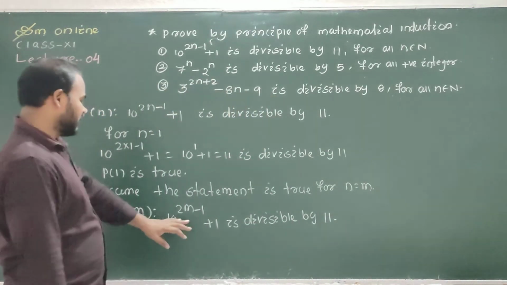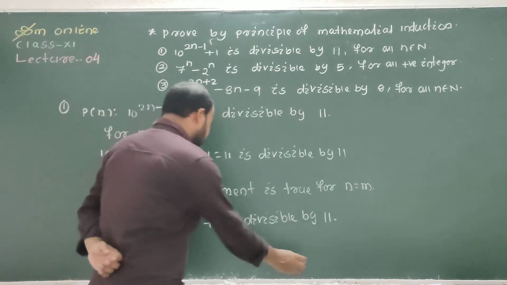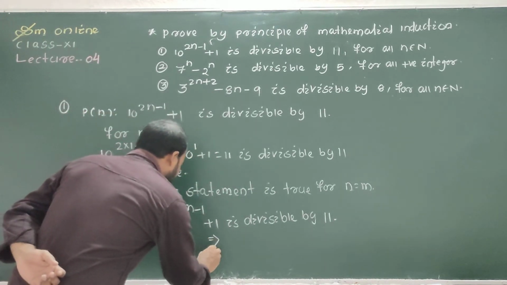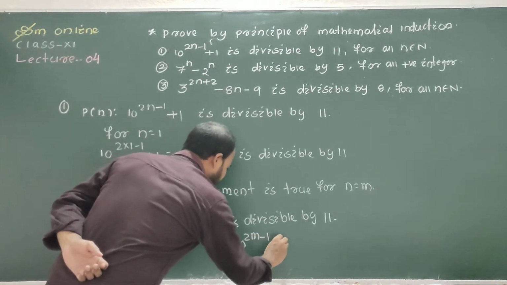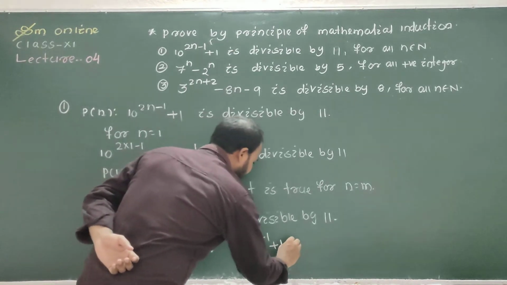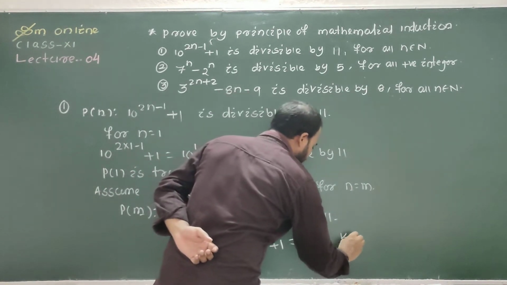If this is divisible by 11, then we can write, it implies that 10 to the power 2m minus 1 plus 1 equal to 11 into k, where k belongs to natural numbers.